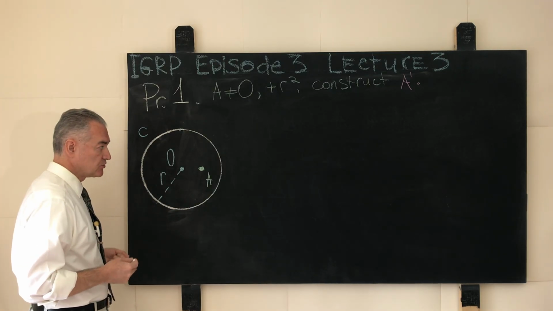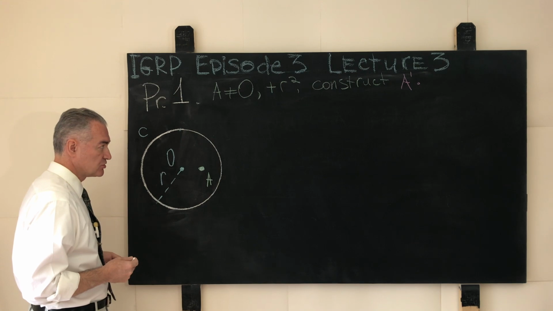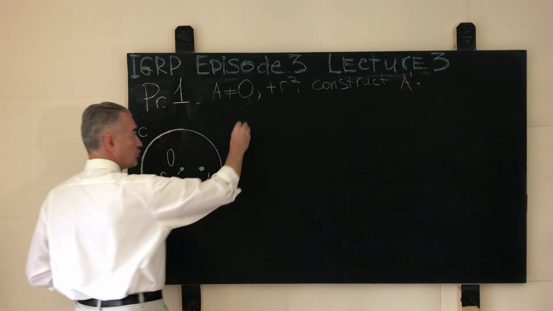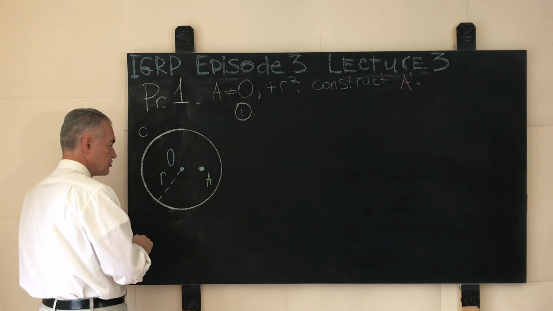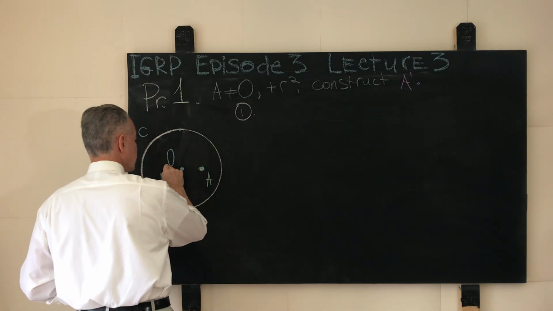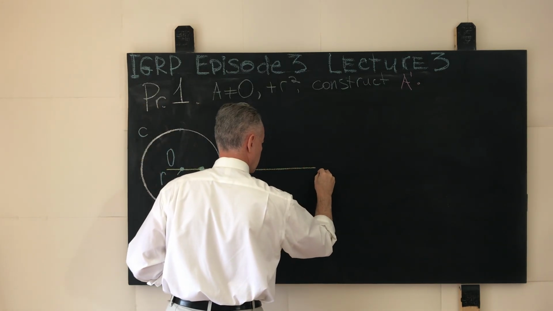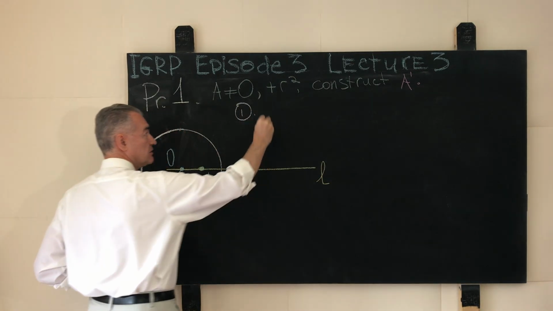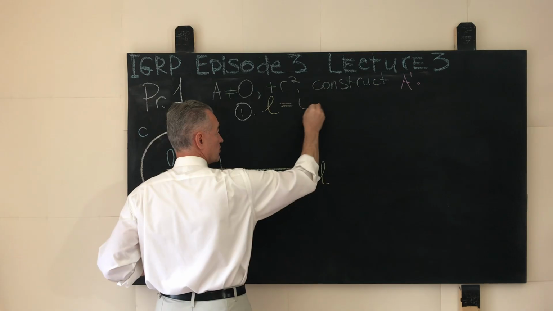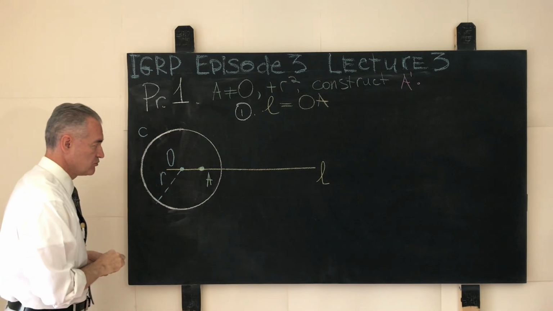Most, if not all, students who take on this course come up with the following construction that is quite popular. As the first step, step number 1, which we will carefully mark, we construct a straight line that passes through the center of inversion and the given pre-image point. We will name that straight line L. L by definition will be our straight line that passes through the center of inversion and the given pre-image point.